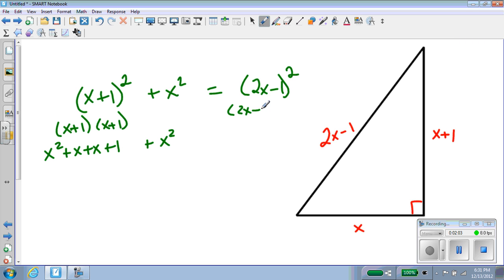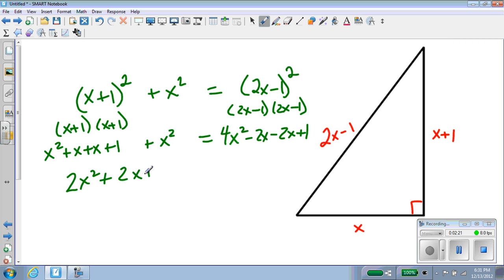And 2x minus 1 squared would be 2x minus 1 times 2x minus 1. So that would be 4x squared minus 2x minus 2x plus 1. So we have 2x squared plus 2x plus 1 equaling 4x squared minus 4x plus 1.